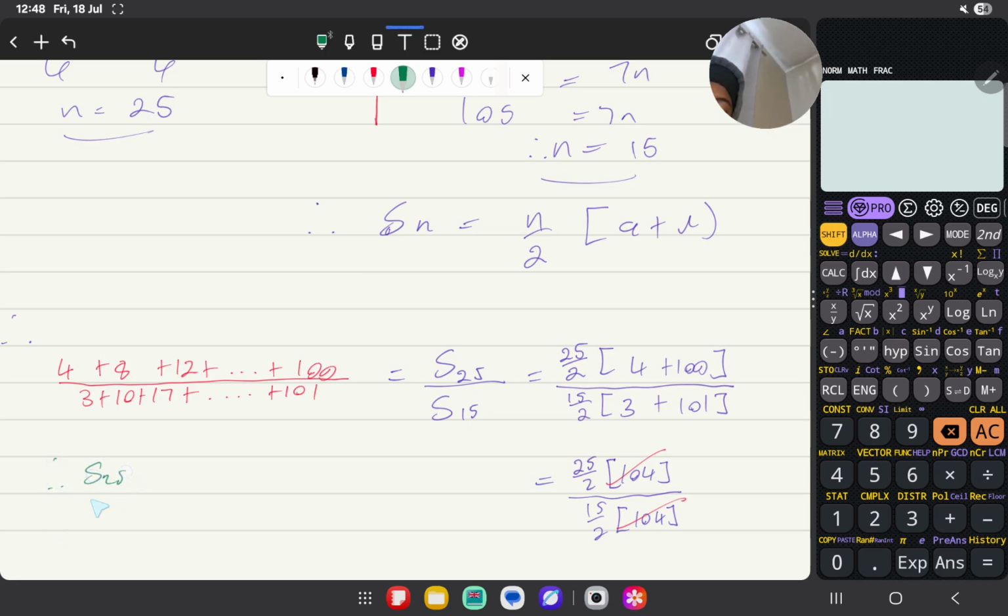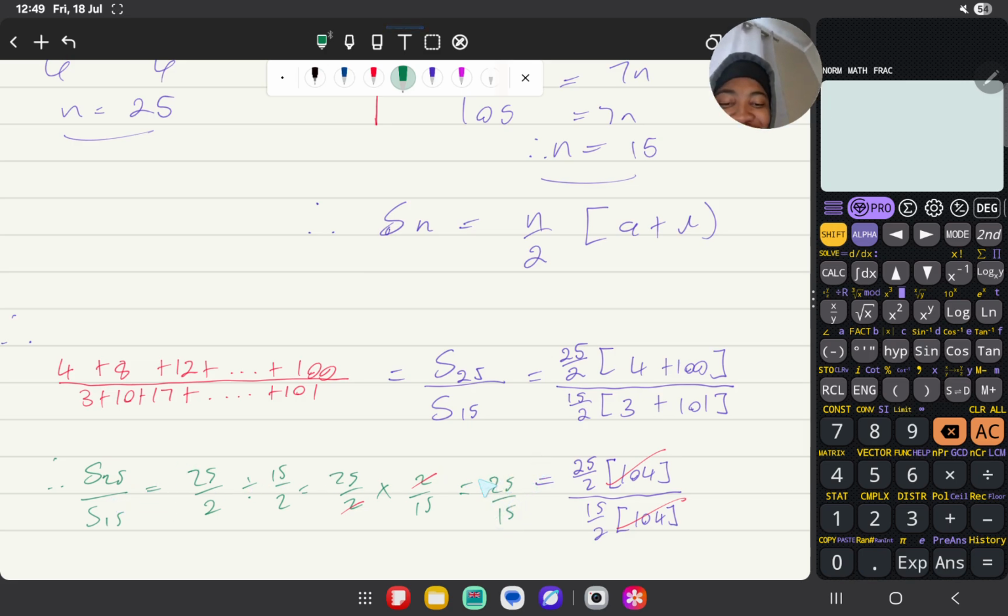Therefore S25 over S15 is 25 over 2 divided by 15 over 2, which is 25 over 2 multiplied by 2 over 15. The 2s cancel, and the answer is 25 over 15.